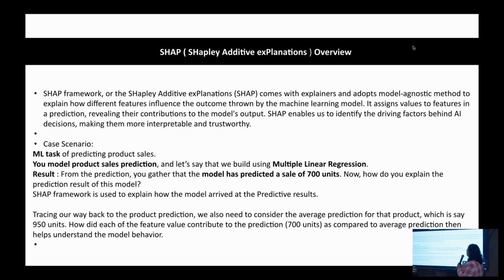So, now let us look at what exactly SHAP is, right? SHAP, the full form is Shapley Additive Explanations. Where did this SHAP method arrive from? From the concept or the study of game theory, right?